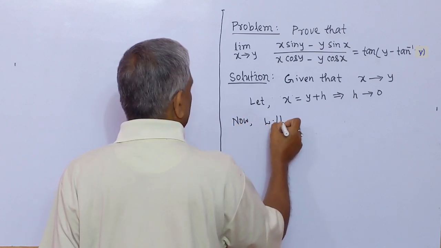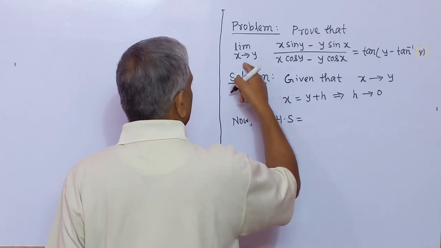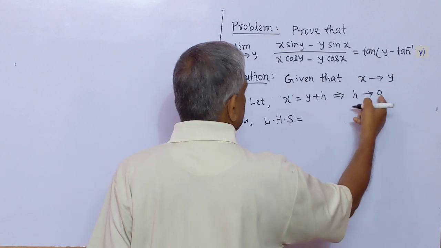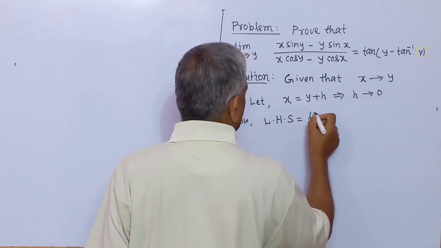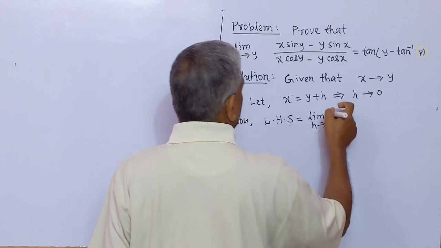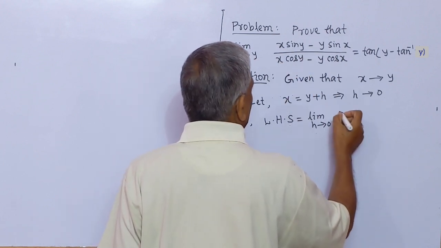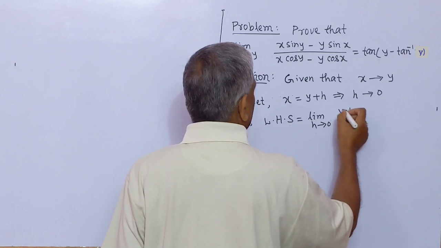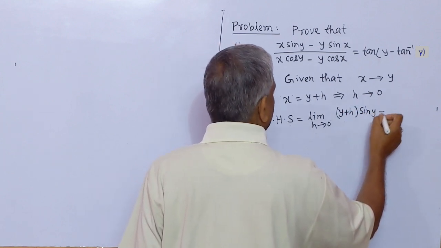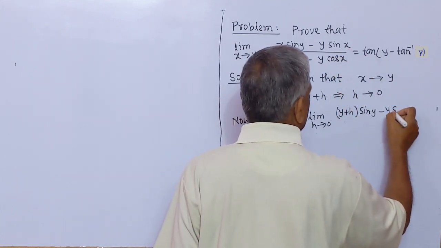Now, left hand side will be, here in place of limit x tends to y, we write limit h tends to 0. In place of x, we write y plus h, sin y minus y sin x.